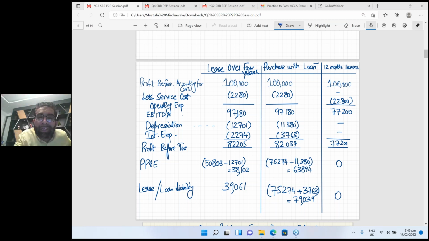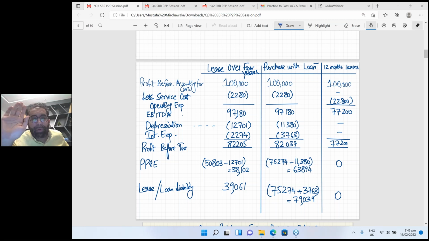So the moment you deduct the service cost, the profit that will come will be EBITDA, because right now we haven't deducted depreciation, interest or tax yet. So this profit 97180 is EBITDA. Use your brain and think over it in a calm way.